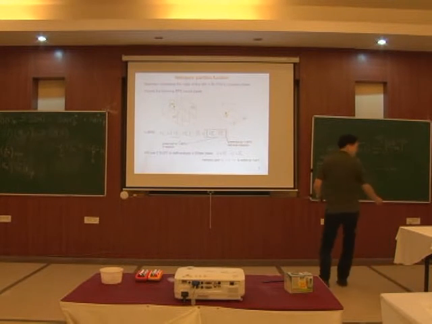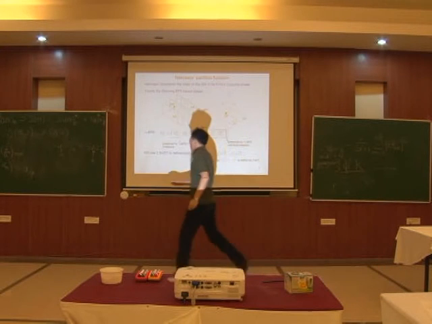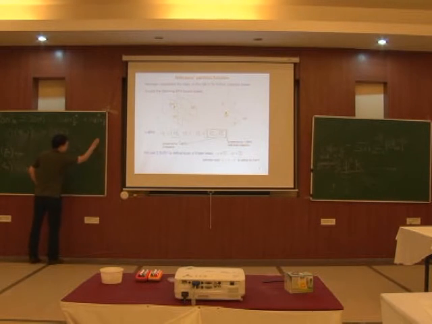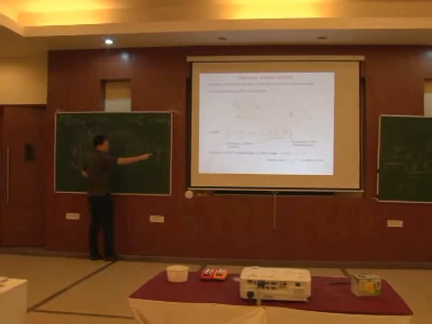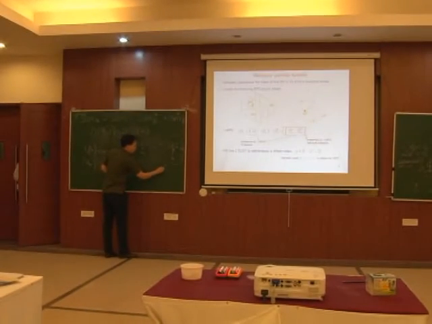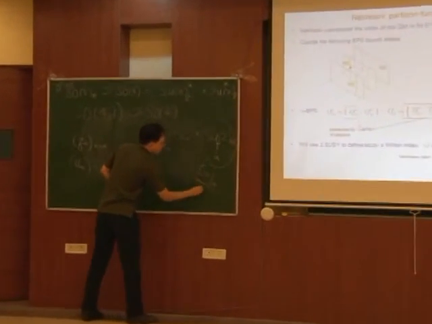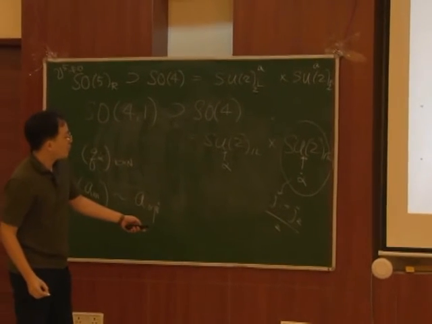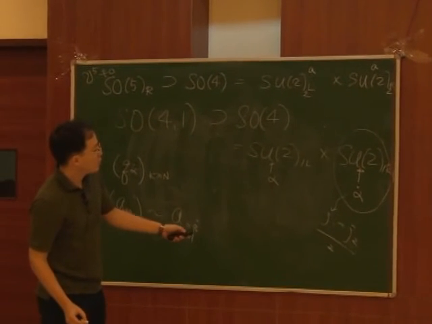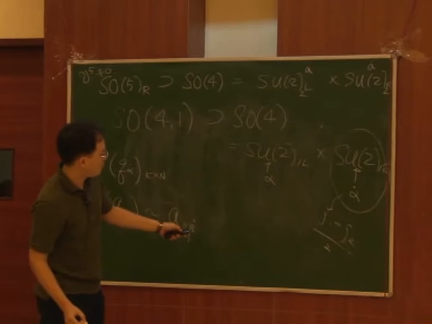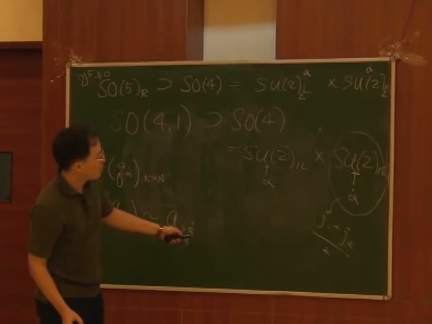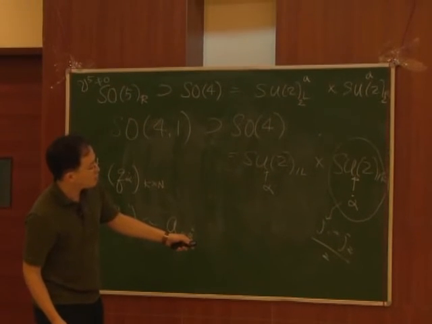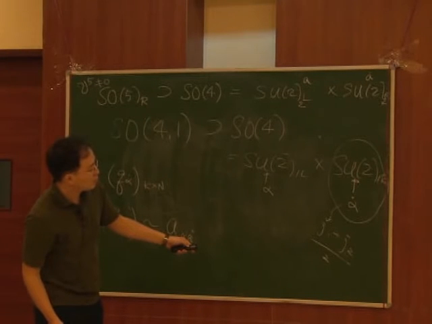So let's see. So the Cartan of this right-handed SU(2) is nothing but the symmetric combination of this. Okay. Right. So maybe minus. I'm a bit confused. Let's see.